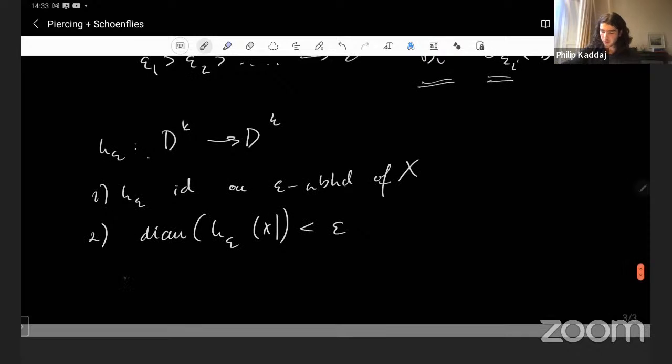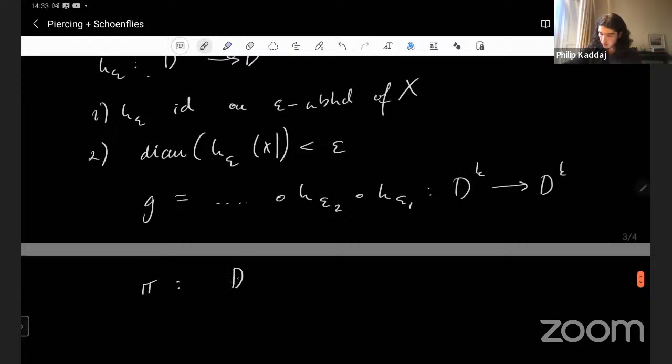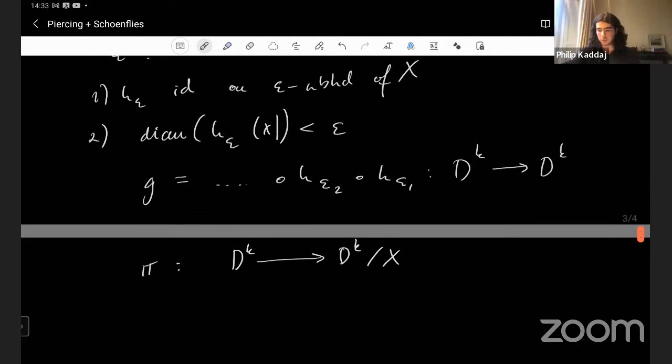So then we can define a map which is the limit of these for some sequence of epsilon tending to 0. This is a map from the disk to itself. We also have the projection map, which collapses the cellular set. It's a compact set, so it's fine.